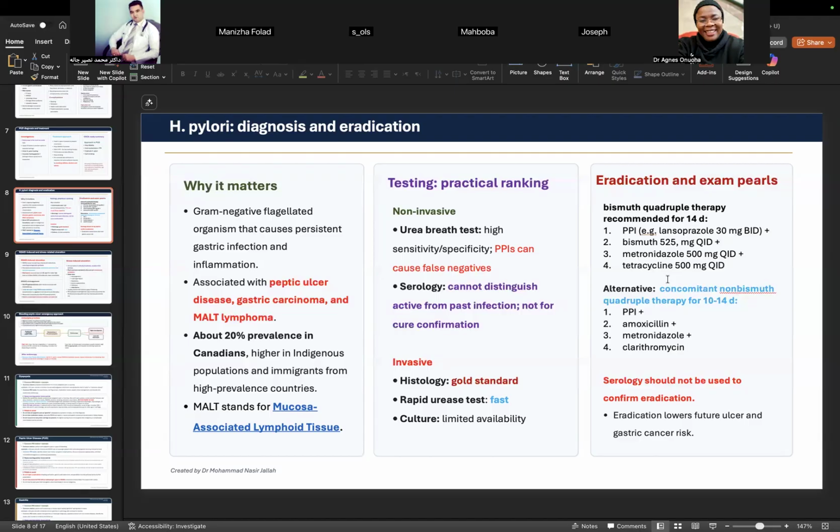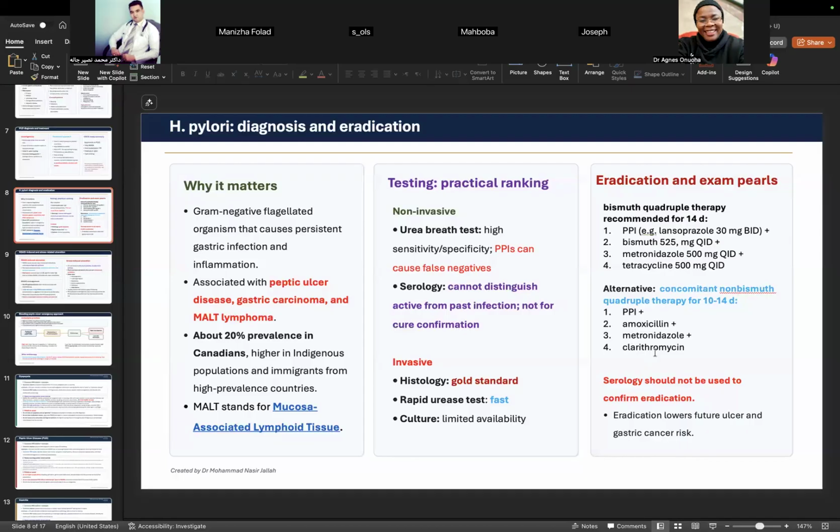Okay, so we have Bismuth and non-Bismuth regimens. The beauty of the Bismuth, if you ask why they add Bismuth, is that amoxicillin and clarithromycin are two agents that cause diarrhea. That's why they are not used as commonly as before.